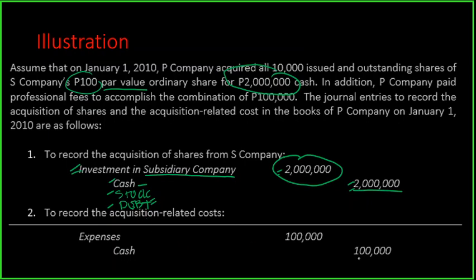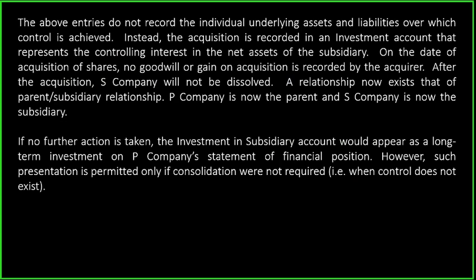Okay, so that's it. Nothing was dissolved here, and no one closed the books. So there is no closing date when it comes to acquisition or business combination through acquisition. Some notes for you to remember. Take note that these entries do not record the individual underlying assets and liabilities, which I already discussed.